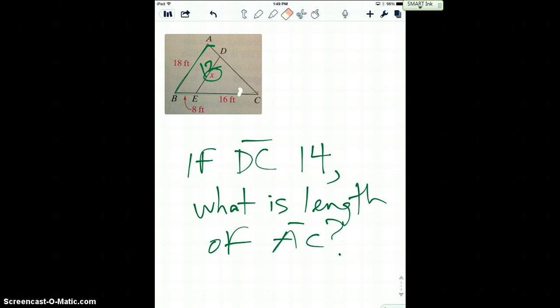So if we erase what we did there, and now I tell you if DC is 14 feet, what is the length from A to C? So you go ahead, try and figure that out, and you will submit your answer on the quiz. Okay? See you later, people.